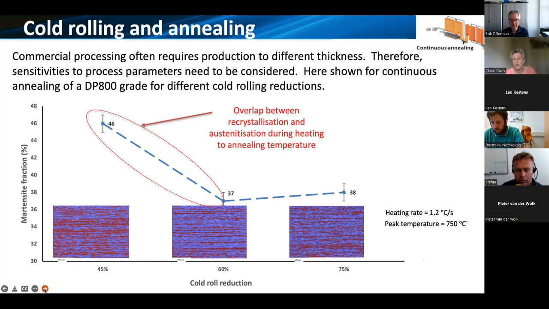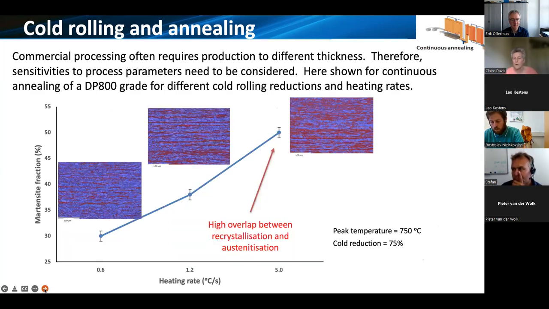When we have the higher cold rolling reductions, we have greater stored energy and driving force for recrystallization, and recrystallization happens before the austenitization process. That isn't the case with the lower cold rolling reduction, so we get a difference in that balance of the austenitization and therefore the martensite fraction that is formed.